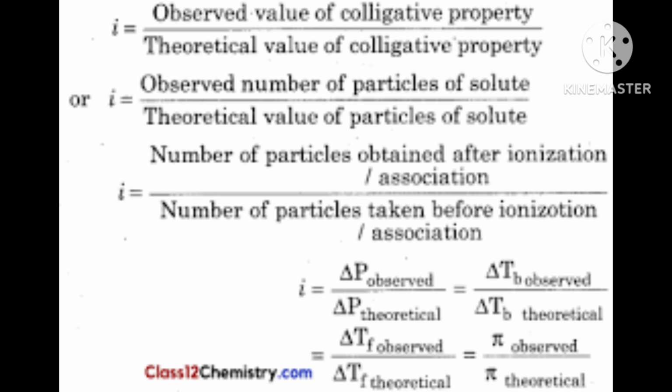First, when a molecule dissociates into 2 or more ions, and other possibilities also there. Suppose you are dissolving some molecules like acetic acid or benzoic acid.